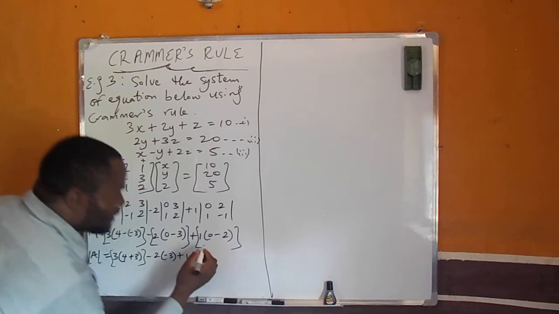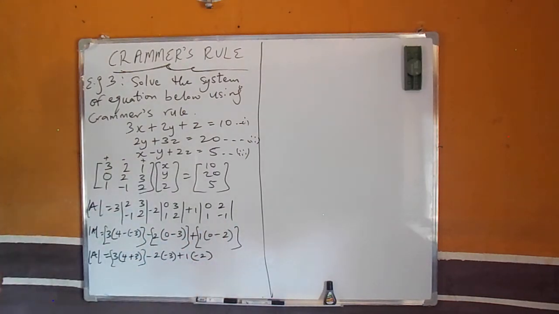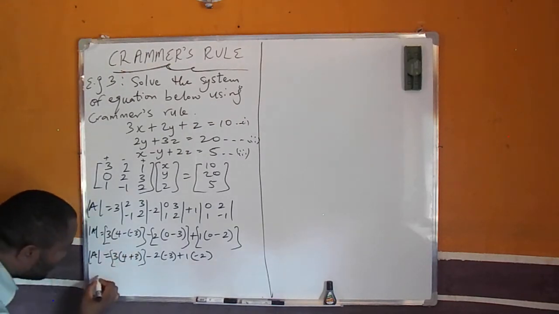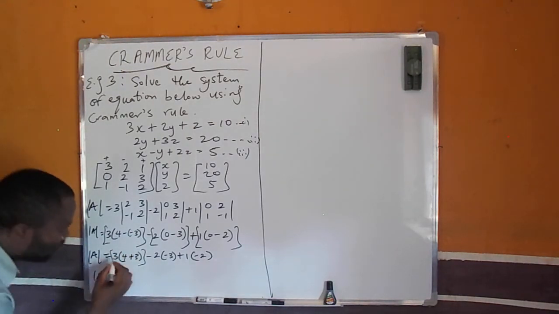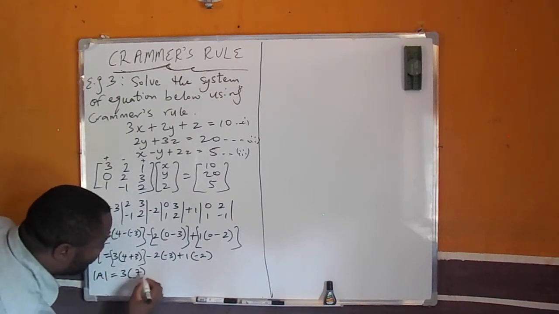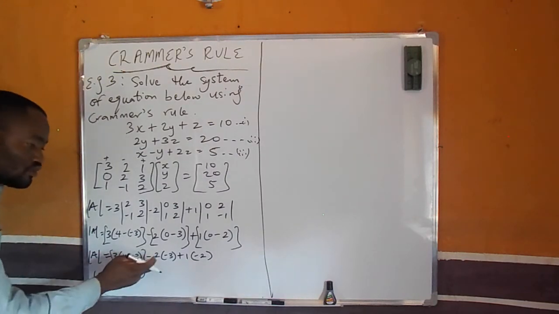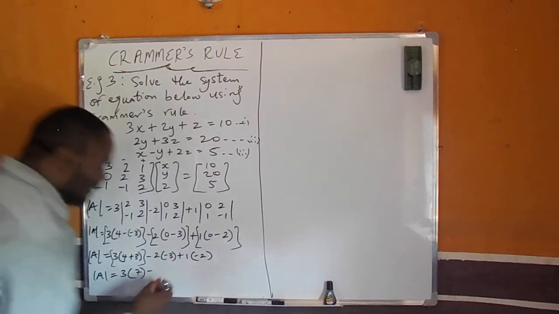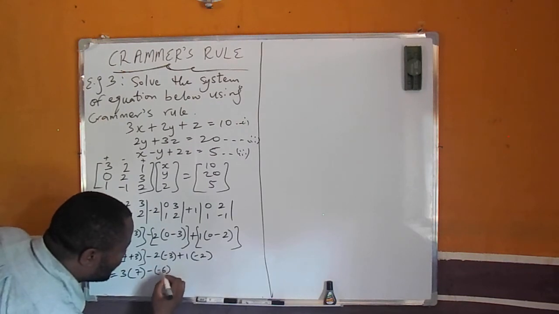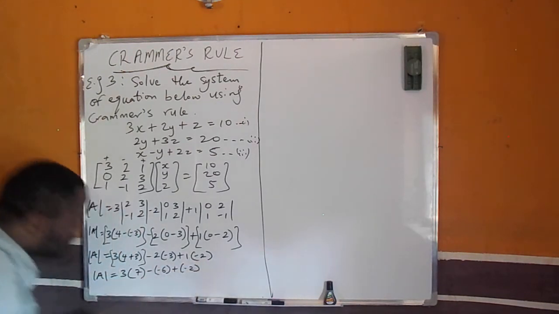Plus 1, bracket open, 0 minus negative 2, that will give us negative 2. Our determinant of A equals 3 in bracket 3 plus 4, 7, minus 2 times negative 3, that will give us negative 6, plus 1 times negative 2, negative 2.